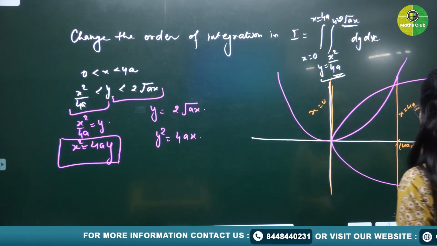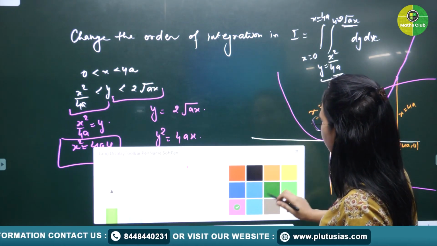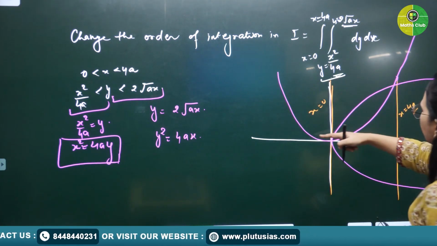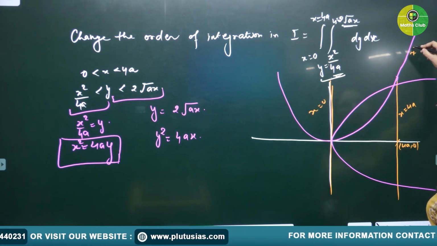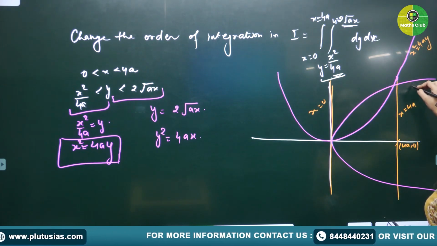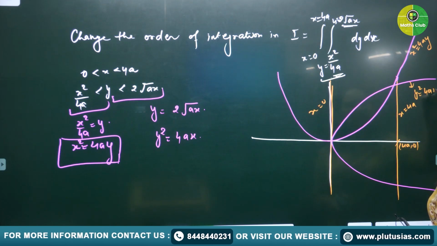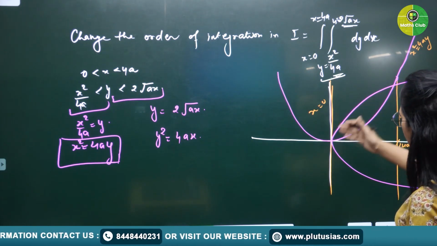These lines we will require. So the upper parabola is x square is equal to 4ay, and the lower one is y square is equal to 4ax.